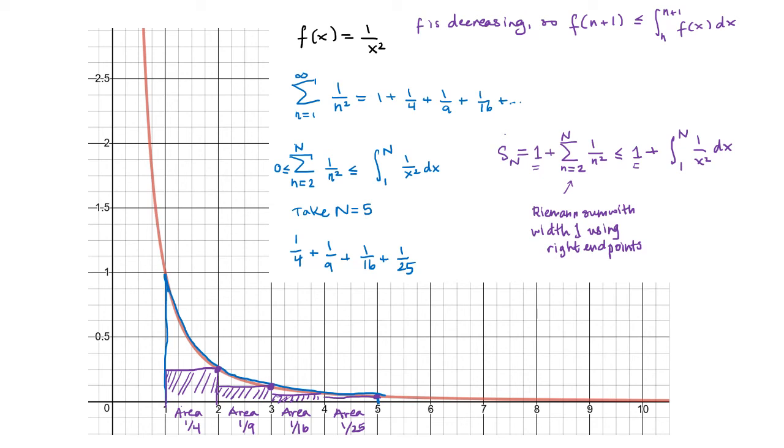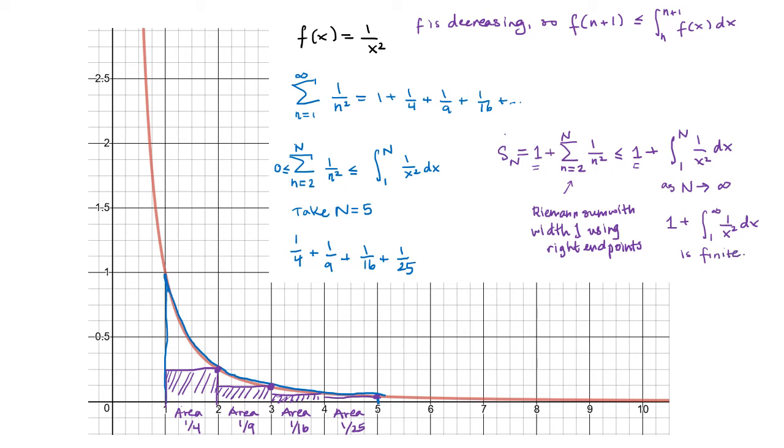All right, we know that as capital N goes to infinity, the improper integral converges. So we have 1 plus the integral from 1 to infinity of 1 over x squared dx is finite. Okay.